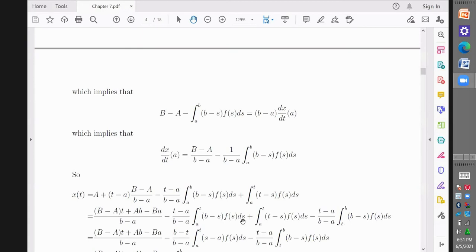Now this is (b minus a) into t plus ab minus ba over b minus a minus, just take the LCM of these two, so you can see this can be expressed as (b minus t) over (b minus a) into integral from a to t into (s minus a) f plus ds, minus this as it is, this is (t minus a) over (b minus a) from t to b into (b minus s) f plus ds.